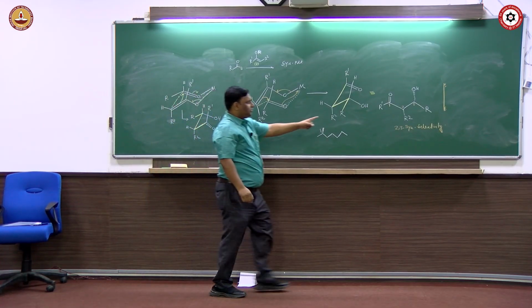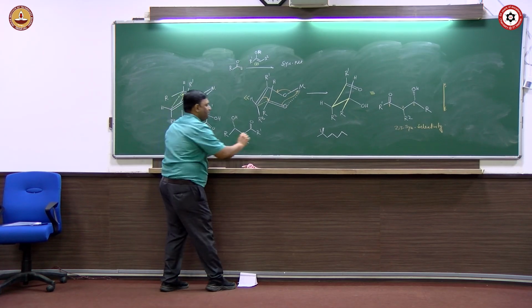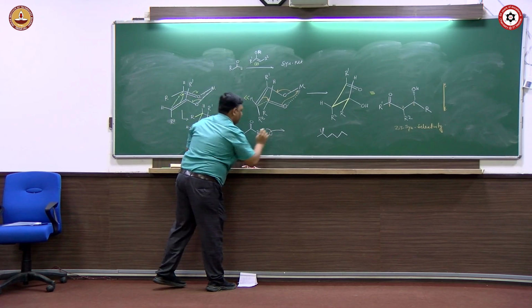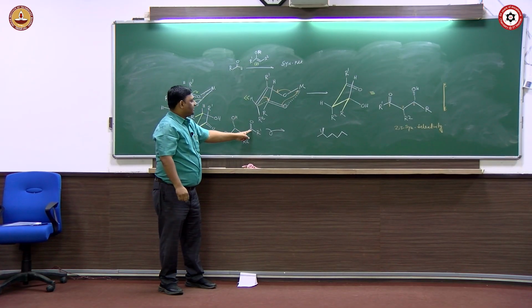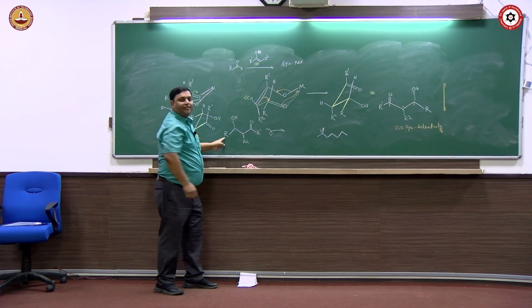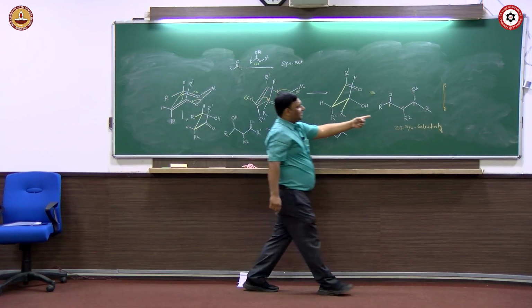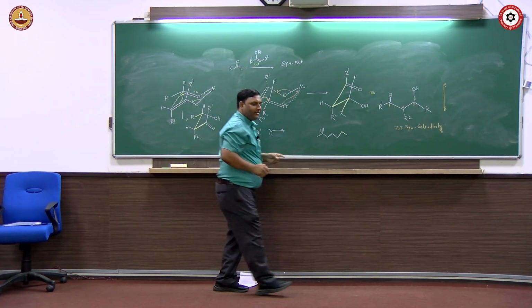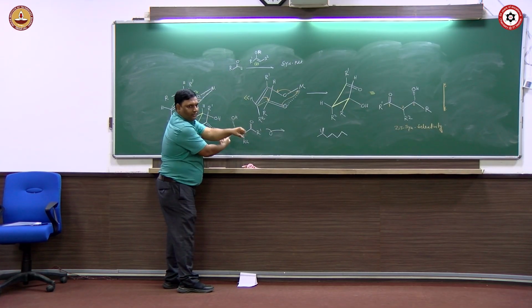Now these two, you can see, I just flip. Flip means out of the plane flip, because if you want to compare these two, this carbonyl is on the right side and R is on the left side, but there the carbonyl is on the left side and the R is on the right side. Let's flip it and see. So if this molecule is there, you turn it over.